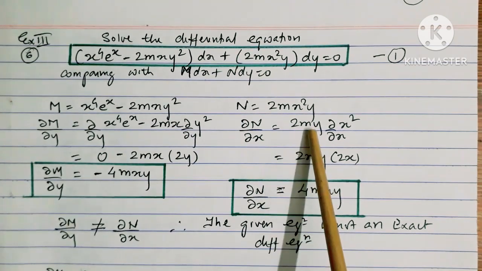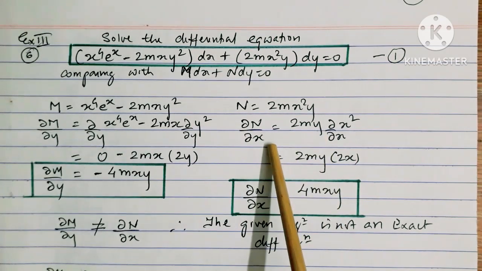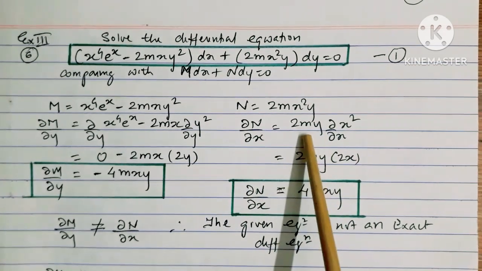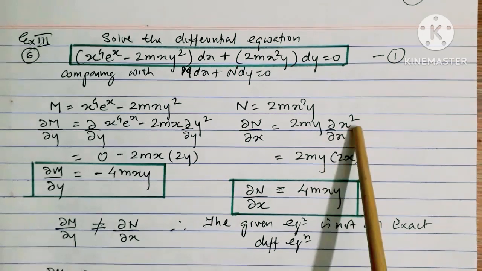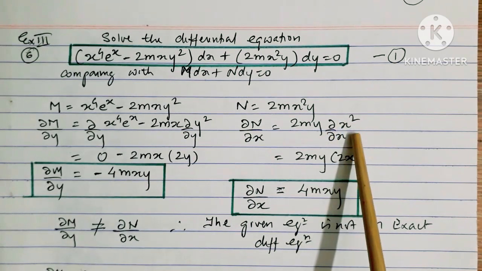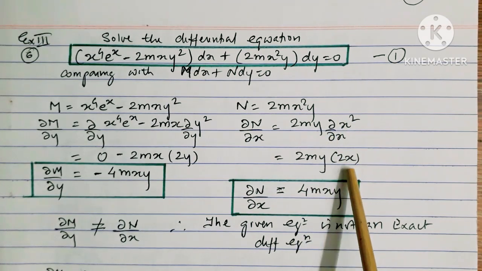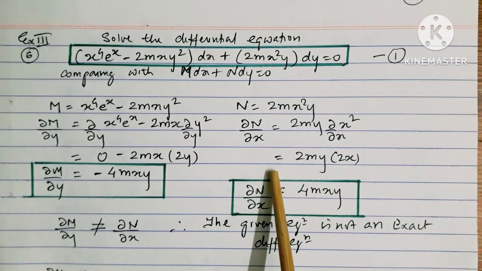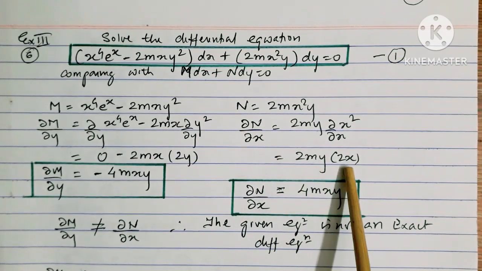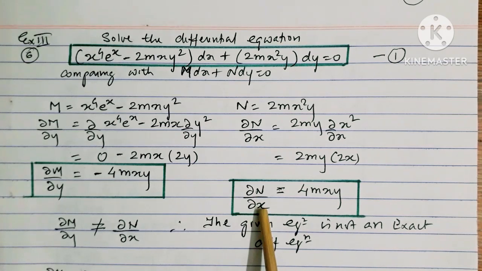So, therefore, 2my will come outside. Now del by del x of x square is equal to 2x. So del N by del x will be equal to 2my into 2x. Therefore del N by del x will be equal to 4mxy.